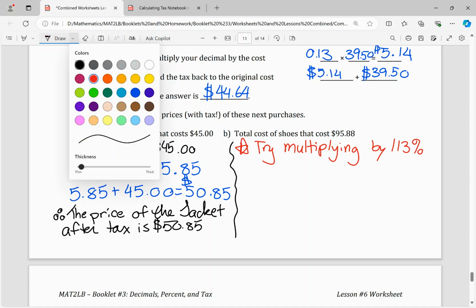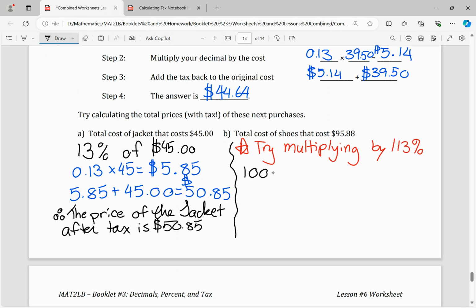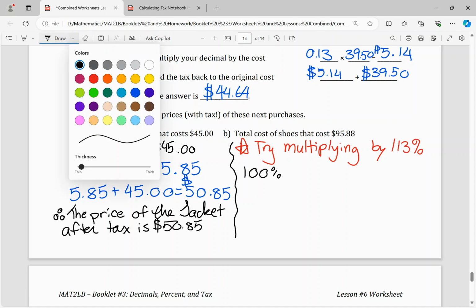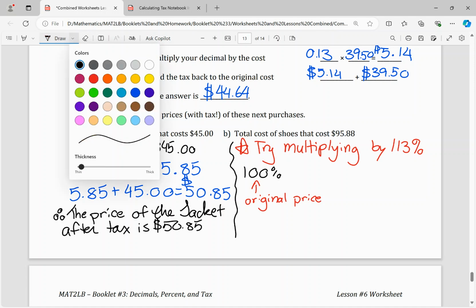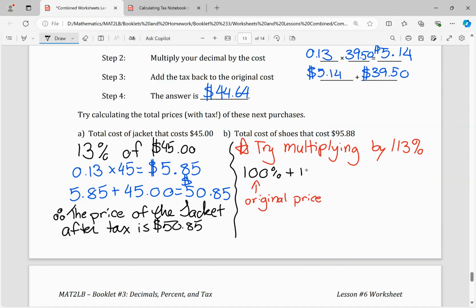Well, the idea is that we're paying for 100% of the original price, which means that we're paying for the entire thing. In this case, it would be the shoes. That's $95.88. Now, on top of the original price, we're paying an extra 13%. That's our tax.